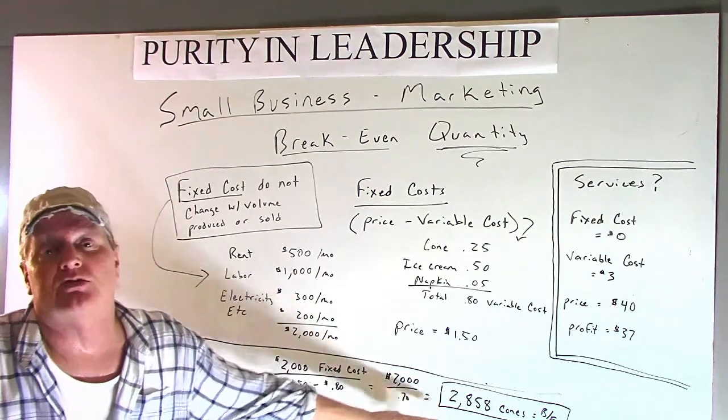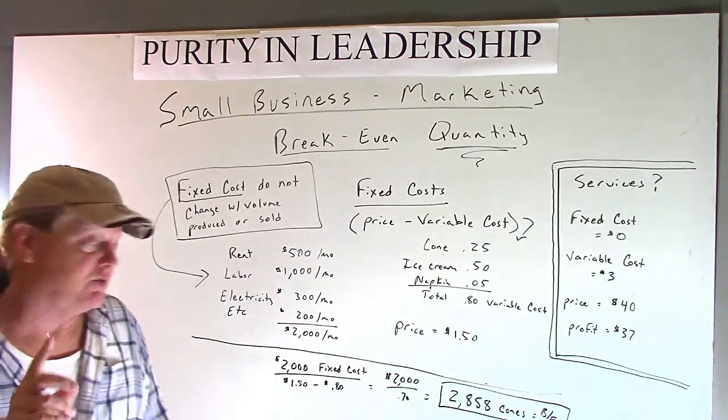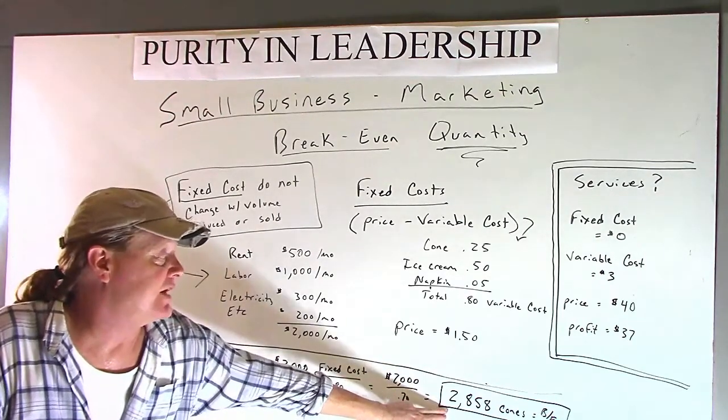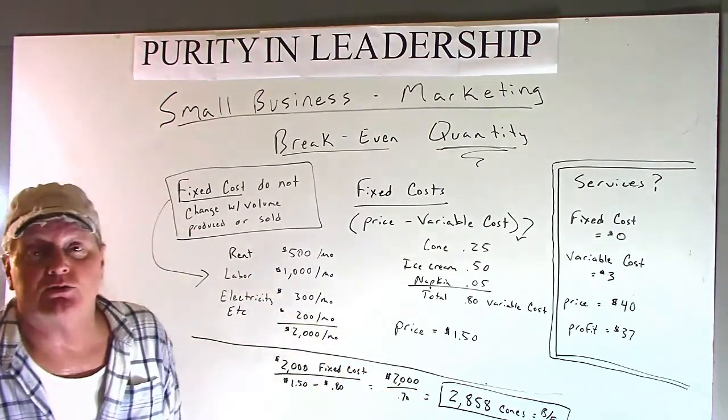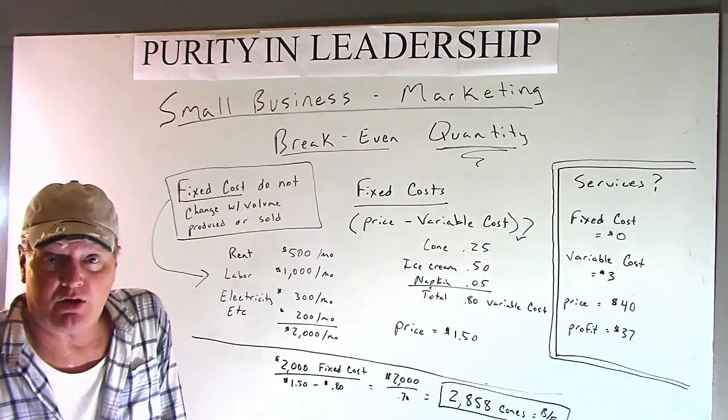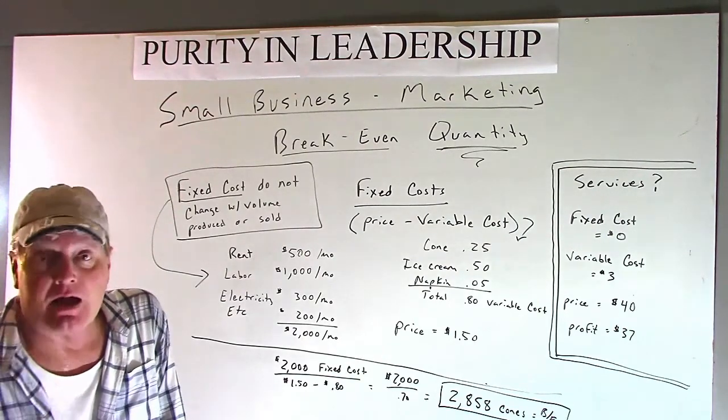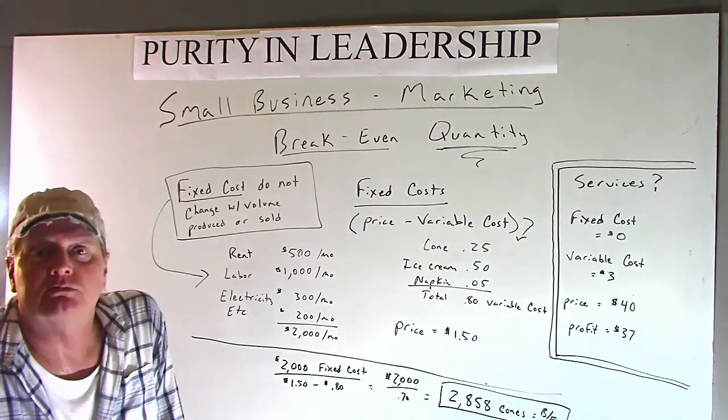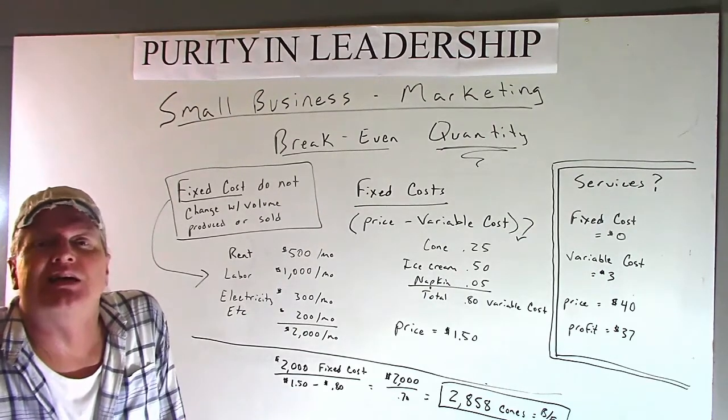2,858 ice cream cones. Now, let me ask you the question: 2,858 ice cream cones sold in the month of January. How much money did you make? Nothing.